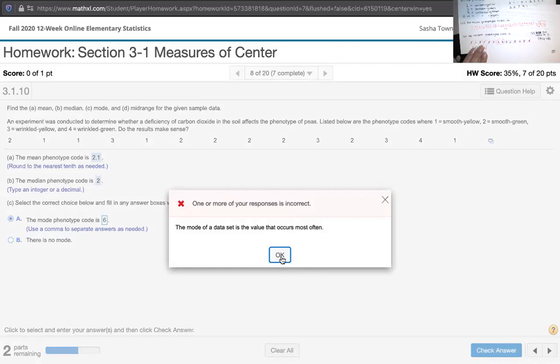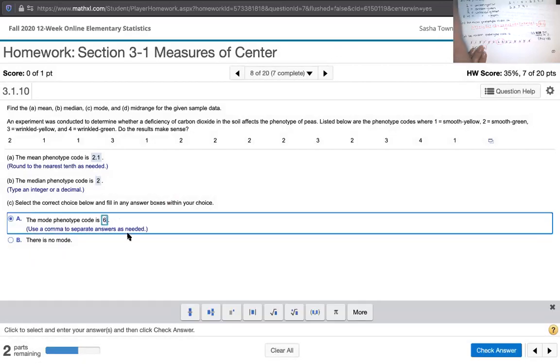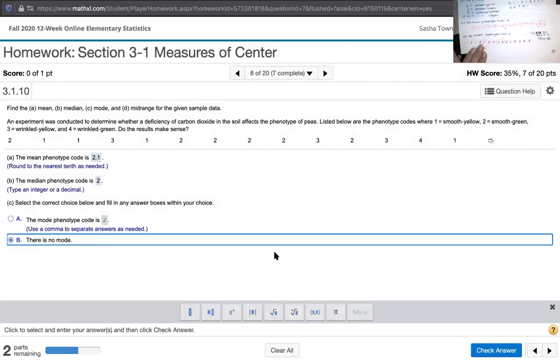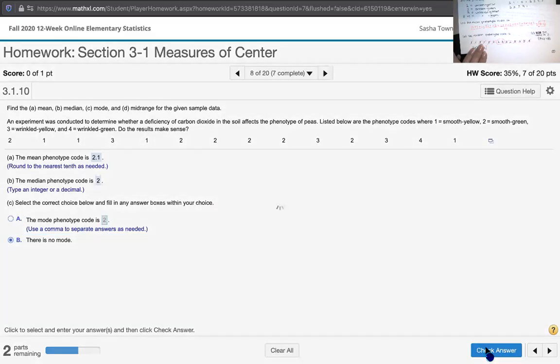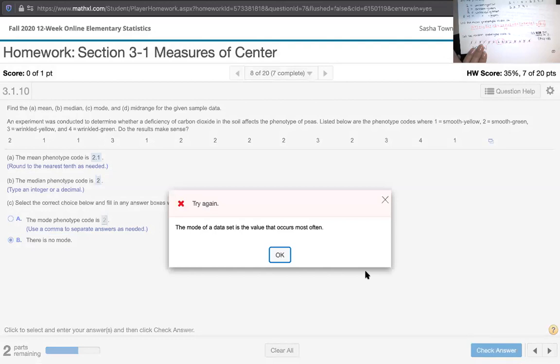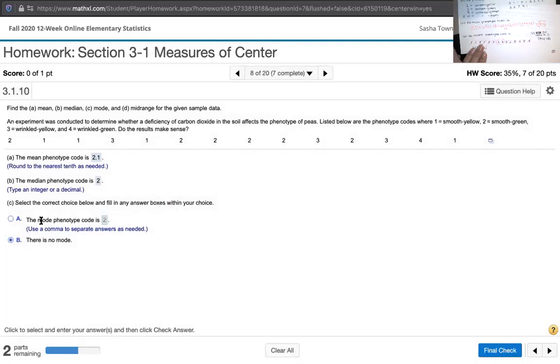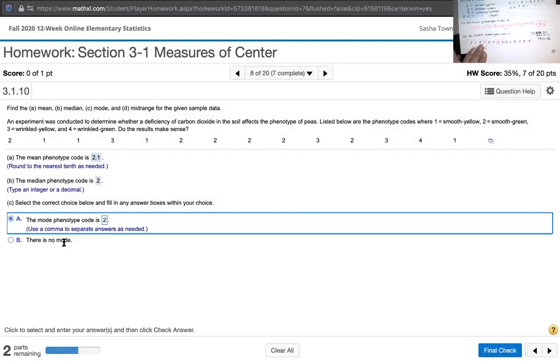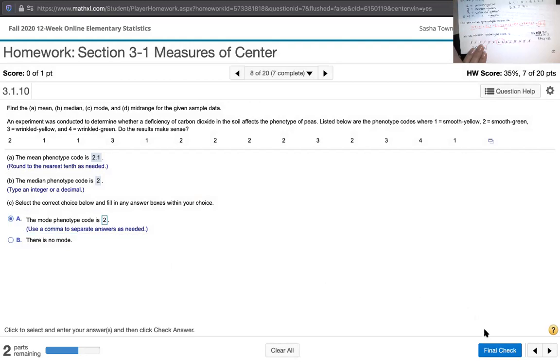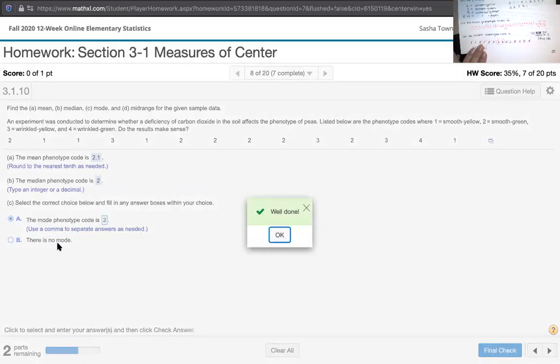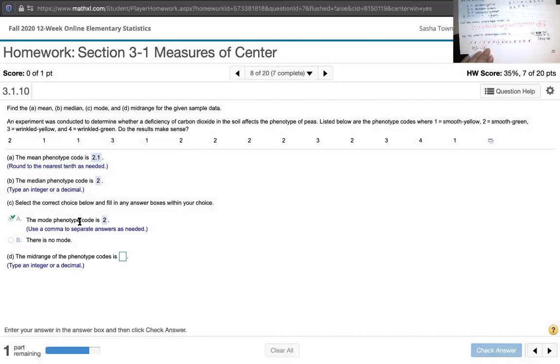Oh, I typed 6 because there were 6 of them, but I meant 2. 2 appeared 6 times. So the mode is 2, not 6. All right. Oh, I don't know why I accidentally put there is no mode. Final check. Here we go. Wow. Okay, it's getting late and I'm tired. So yeah, the mode phenotype code is 2 because the 2 appears 6 times.